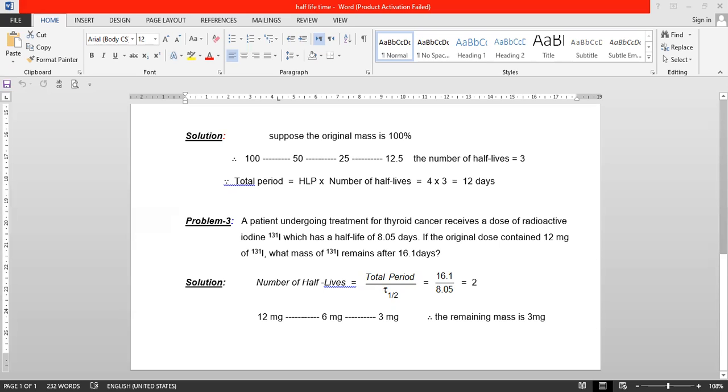So as you see here, as we bombard this nucleus with a projectile, it changes into a new element, and this new element becomes unstable and it disintegrates until it changes into a stable element. Okay, so we have two ways of transmutation. If I asked you in the exam, what are the two ways of transmutation? You're going to say radioactive decay or bombarding the nucleus with a projectile.